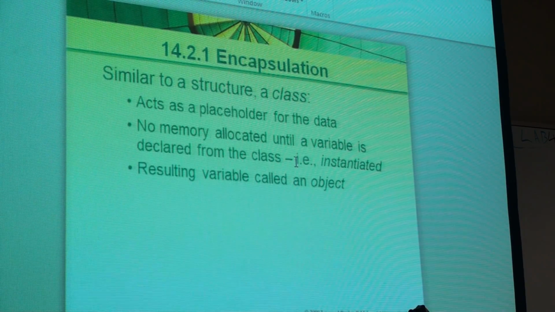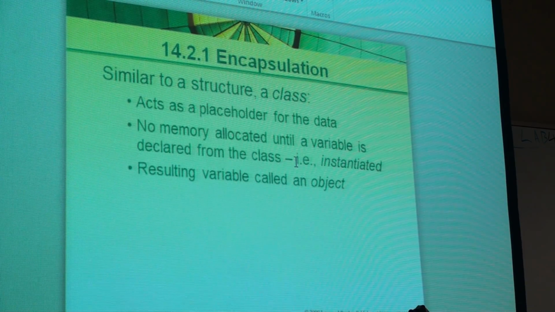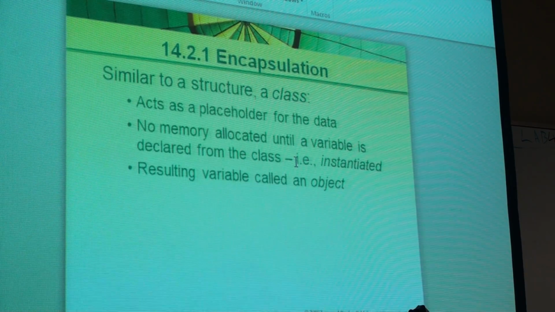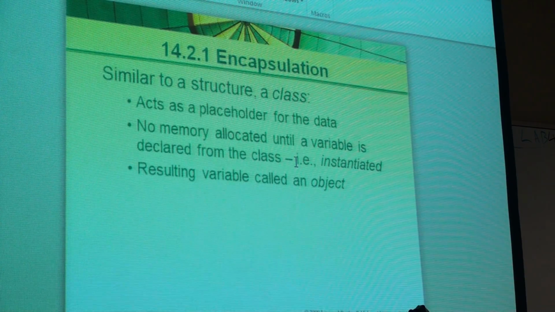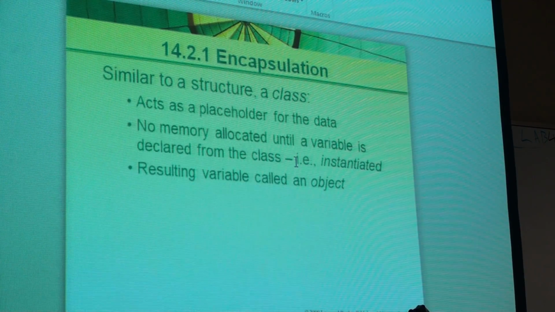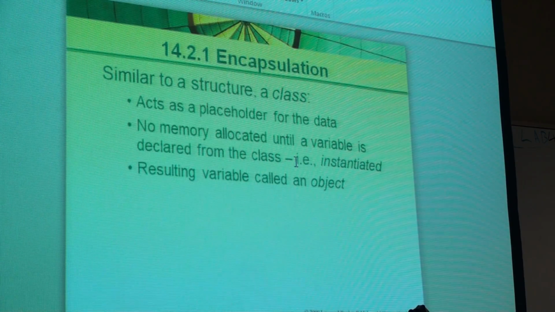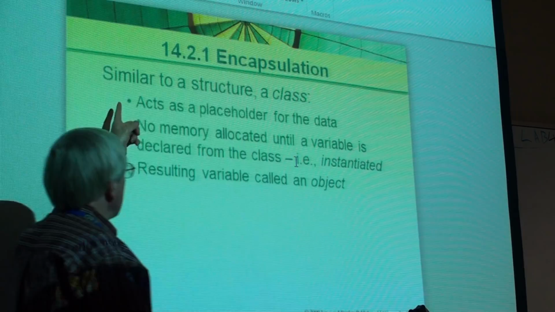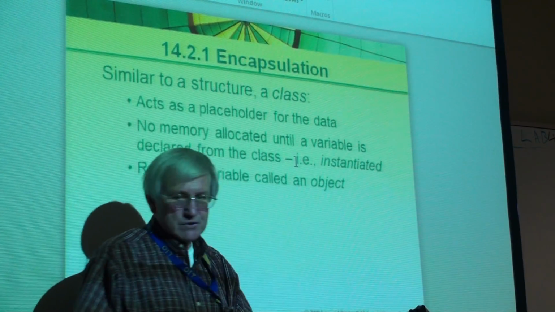So classes, similar to structures, in fact they are the same, act as a placeholder for data, with no memory allocated until a variable is declared from the class. So it's said to be instantiated. Instantiated becomes an object. So when we instantiate a class, we make an object out of it.